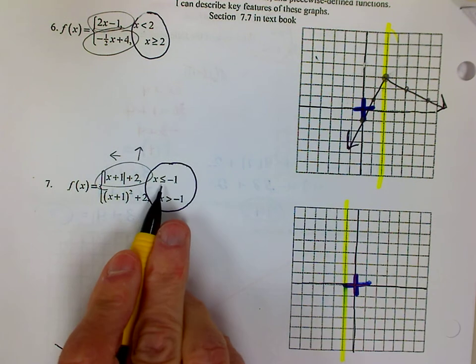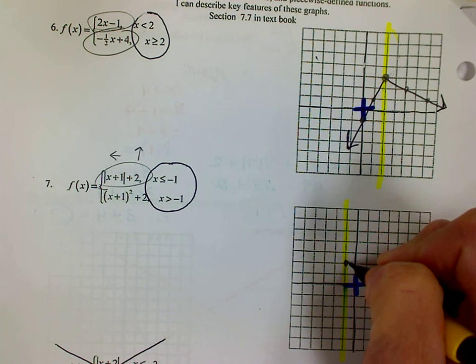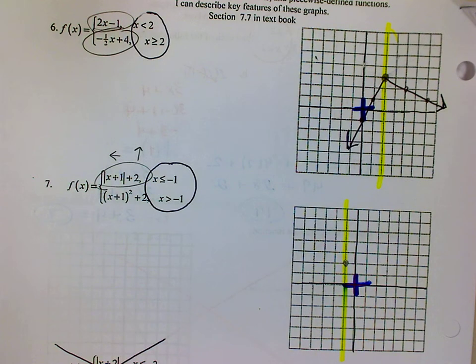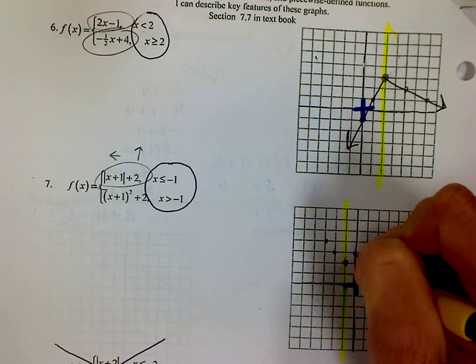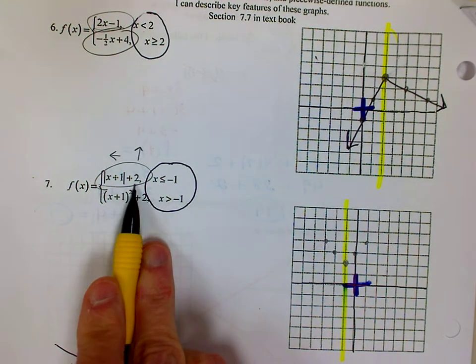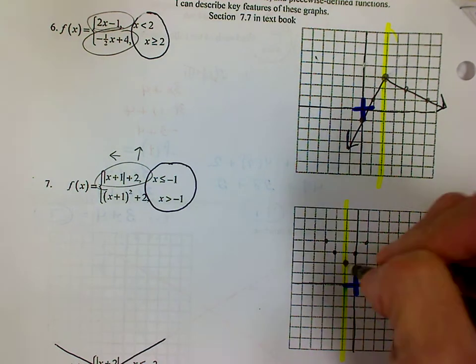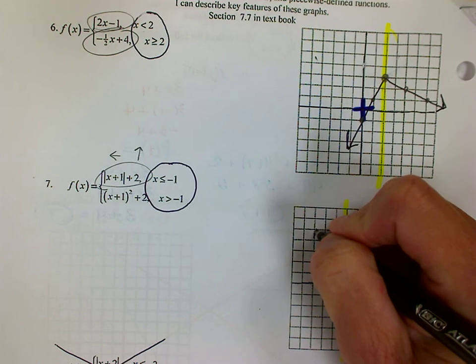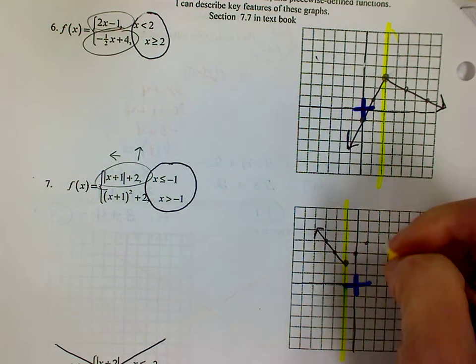And since I have a line underneath, I'm going to put a closed point there. And it's going to be a V-graph. And it looks like it's pointing to the left. This is less than, so I want the points that are on the line and to the left of it. Okay, and then I'm going to erase everything else.